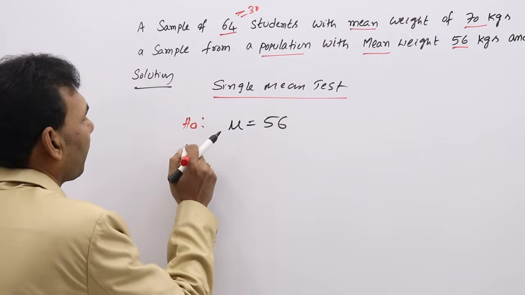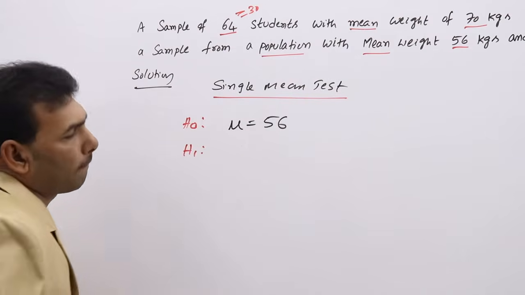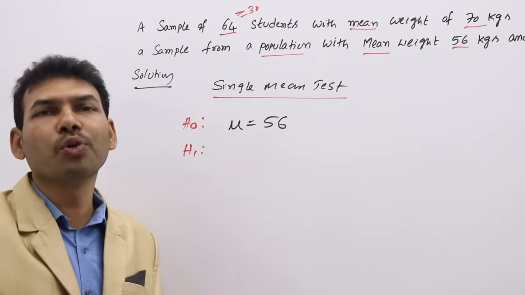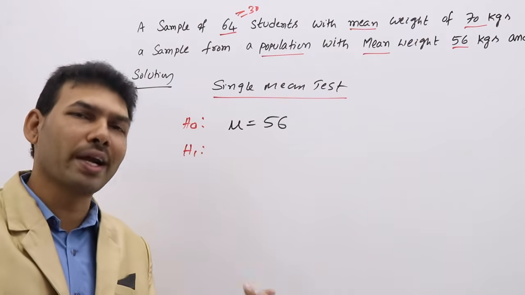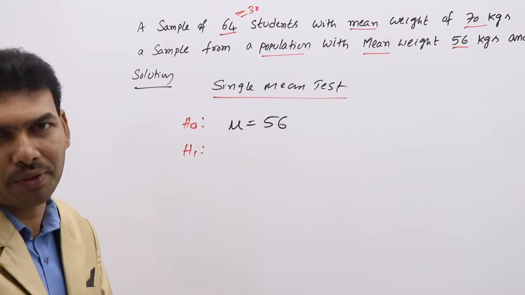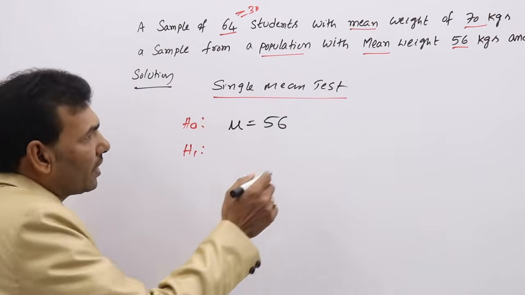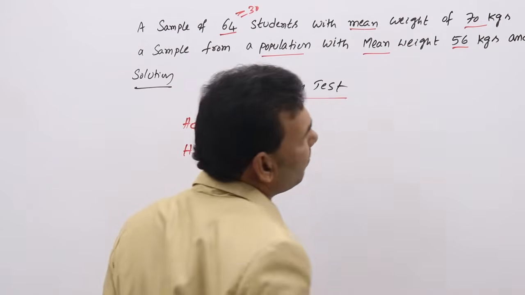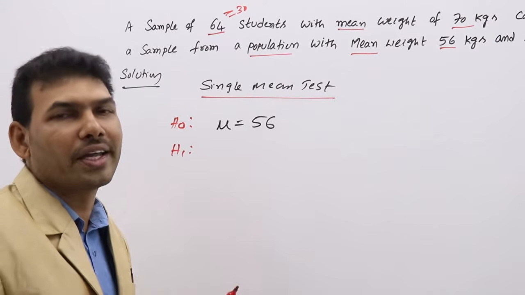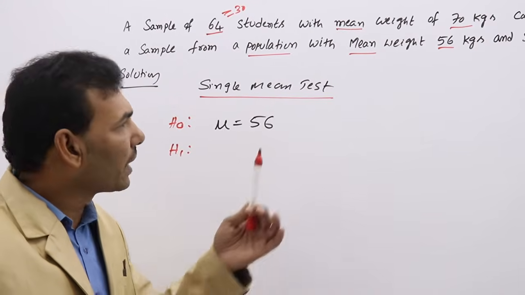H1. Here there are 3 choices: mu not equal to, mu less than, mu greater than. You need to oppose in H1 whatever you wrote in H0. For that, if the question particularly mentions less than, greater than or not equal to, we can take that.